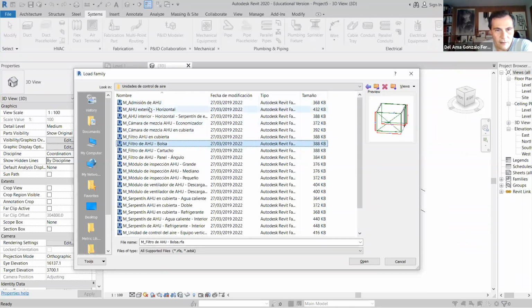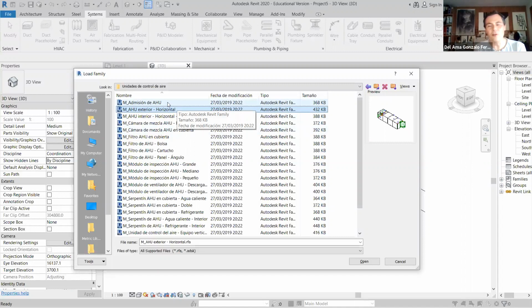This is too advanced. So I recommend you use this one, because this is an air handling unit. Here we have different modules of different air handling units. You can manufacture your own air handling unit, but this is too advanced. So you will find this exterior air handling unit, horizontal.